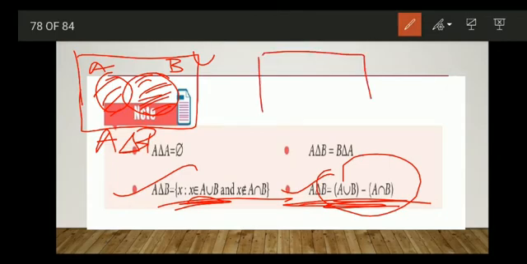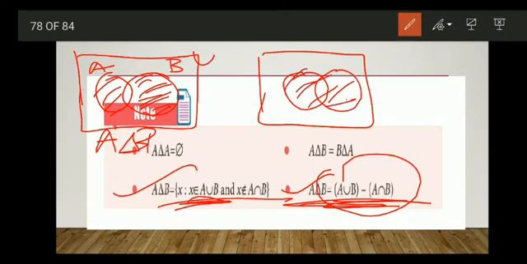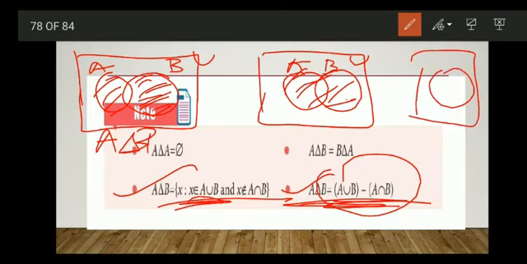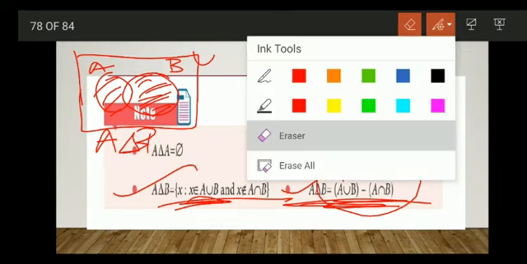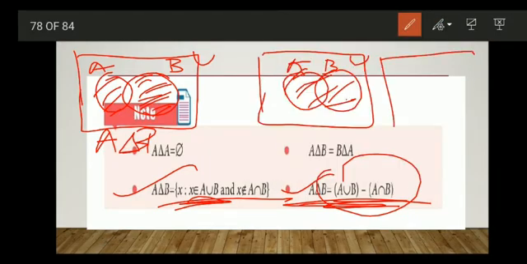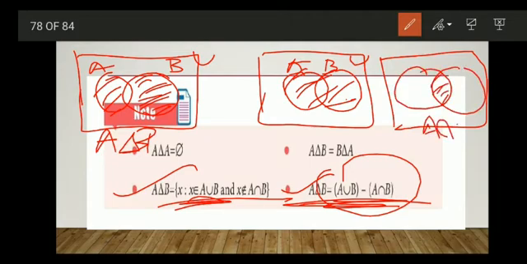A union B will be both the things, right? This is A union B. A intersection B will be the common portion, right? This is A intersection B. This is A, this is B, and the universal set.